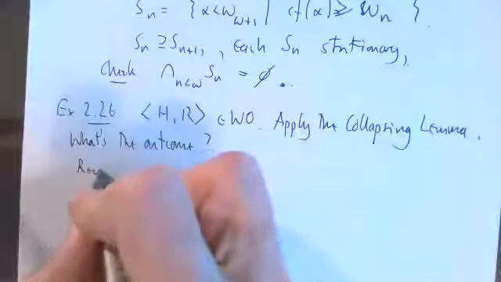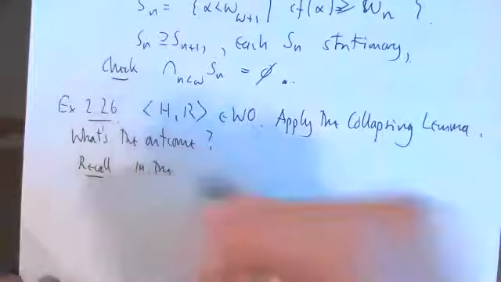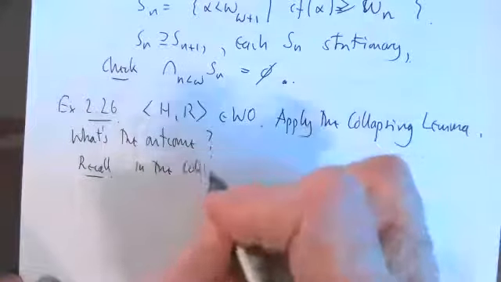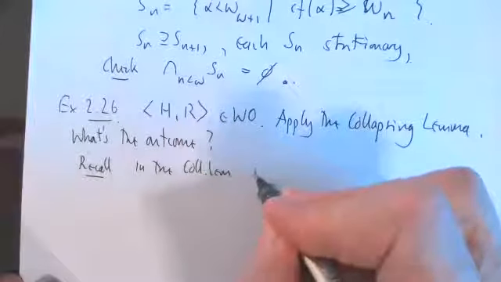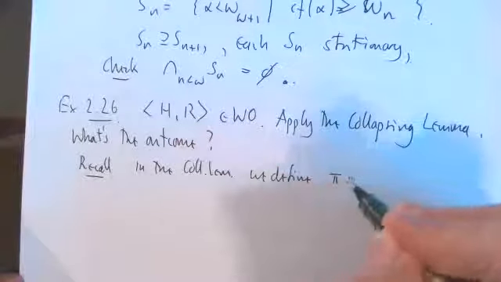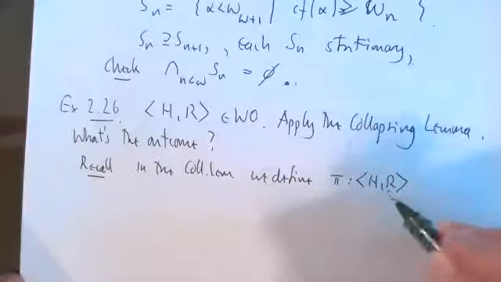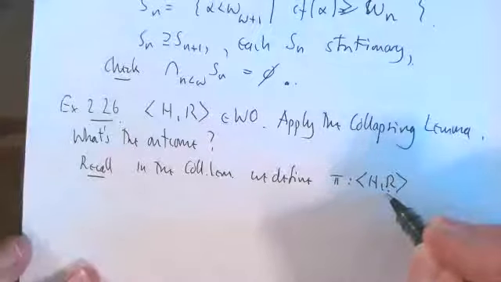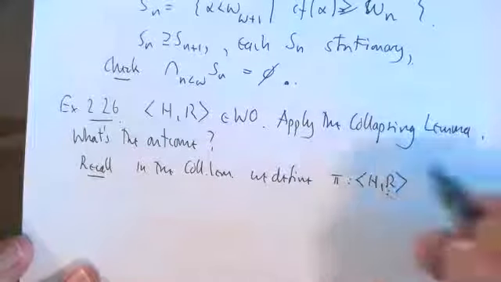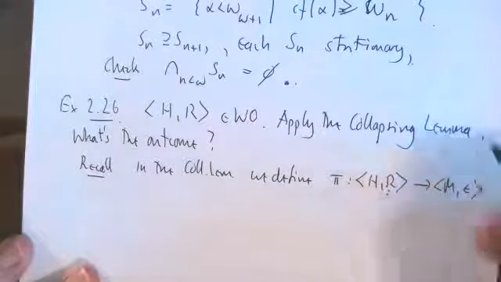So recall, in the collapsing lemma, we define some pi which will take any well-founded extensional relation on a set H to some transitive set with epsilon.